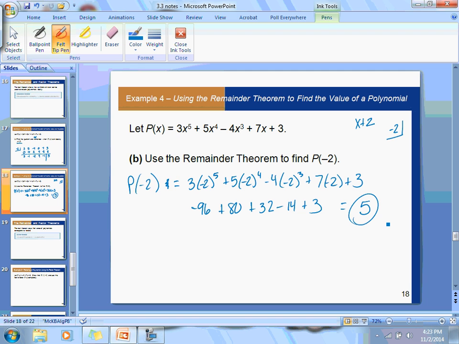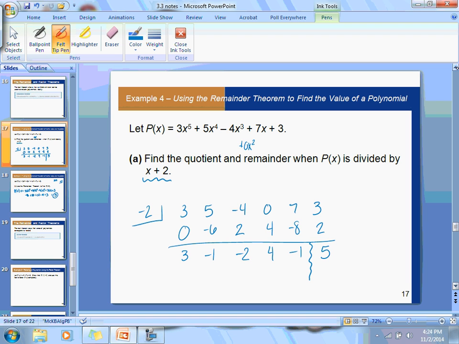So the point here is that instead of doing substitution, where you're taking a value and substituting it into a giant polynomial with, in this case, 5 or 6 terms if you count the plus 0x squared, and doing this tedious calculation where you're simplifying each term and then adding and subtracting them, you can just do synthetic division.